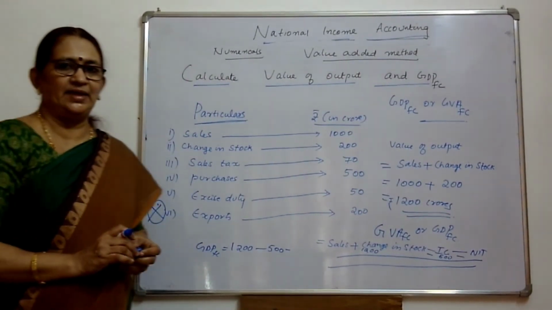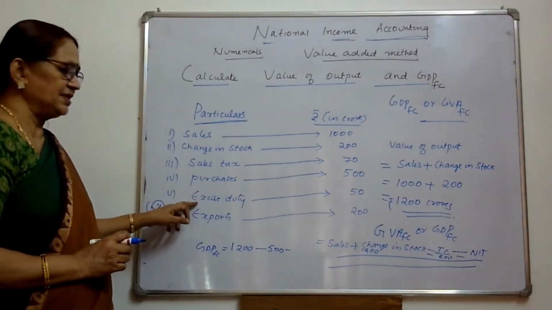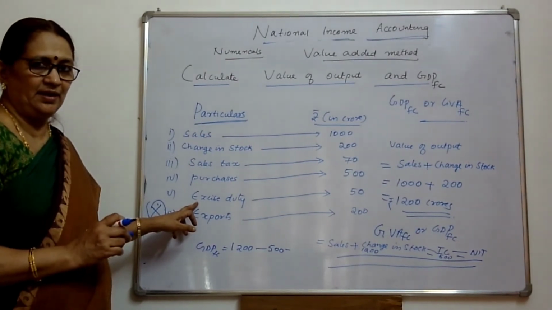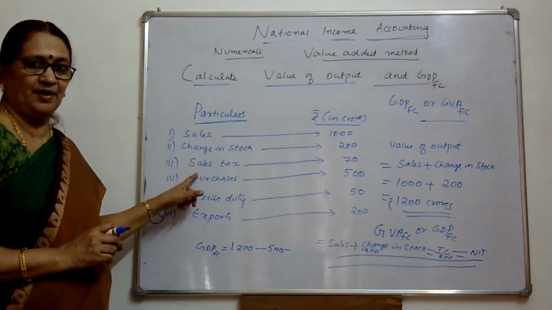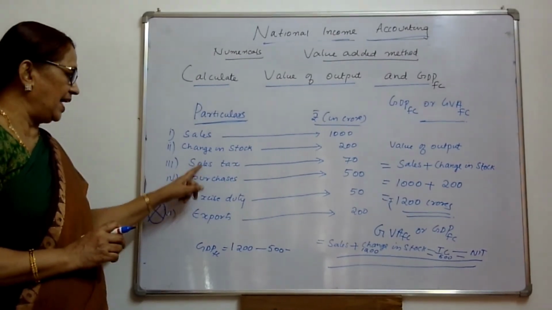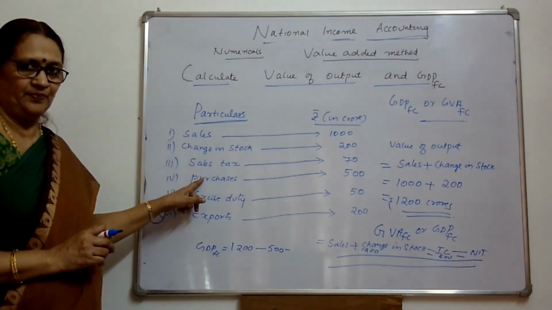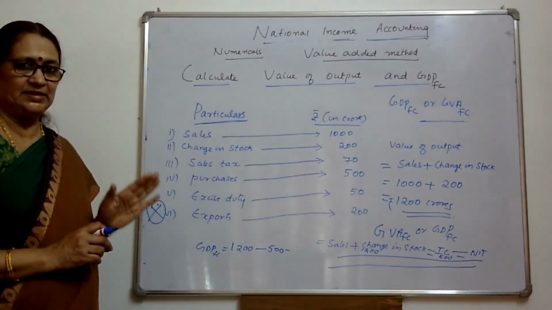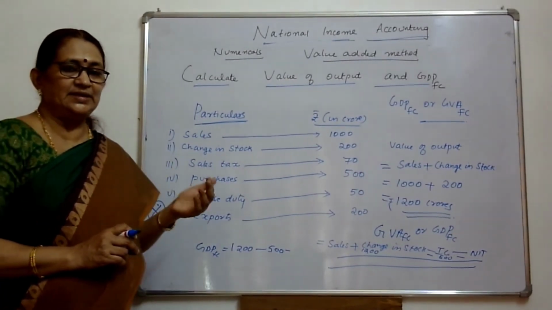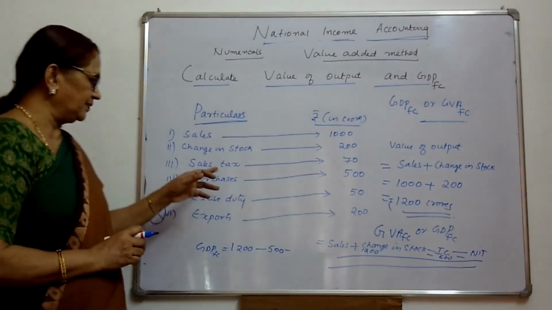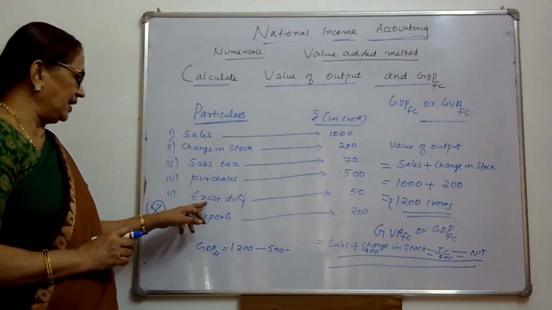How can we calculate net indirect tax? Indirect tax minus subsidy. First we will check whether net indirect tax value is given together. That term you cannot see here. Instead, its components are given. So net indirect tax is equal to indirect tax minus subsidy. What are the examples of indirect tax? GST, goods and service tax, sales tax, then excise duty.